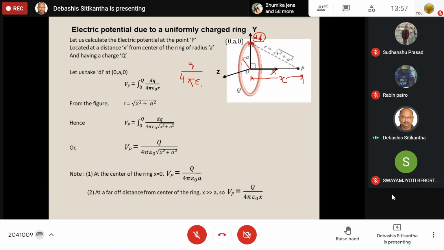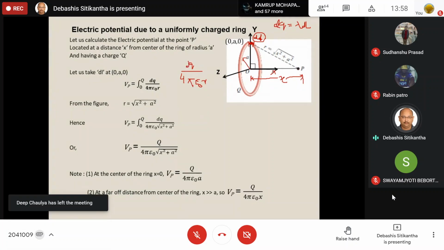We have just studied it right before 10 minutes. Now, since we are going to integrate it, since it is dl, we can say your q is nothing but lambda into l. So if I am having dl, then obviously it is going to be dq. So let me replace this q by dq, and let me integrate it from 0 to Q.